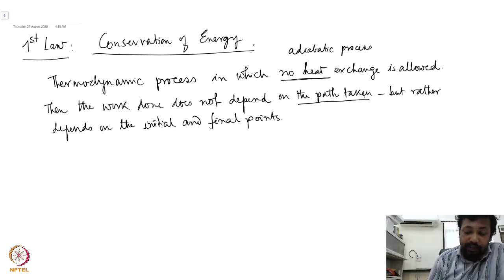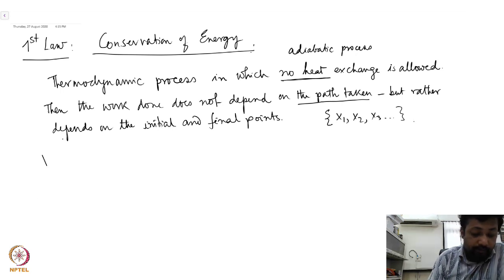The path taken is in the space of your macroscopic variables, which we shall call x, or let's not put a vector sign right now. The path taken in this space. For example, for a hydrostatic system, the PV diagram.